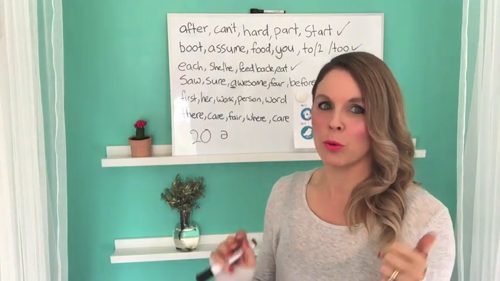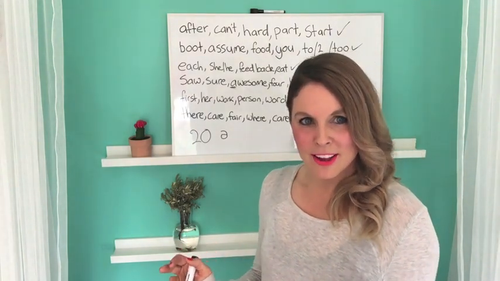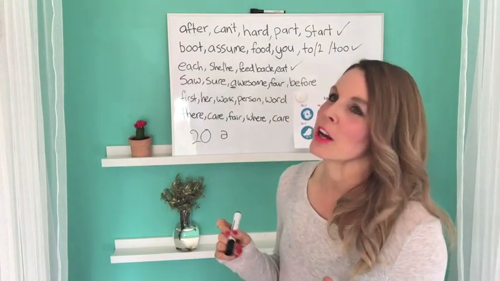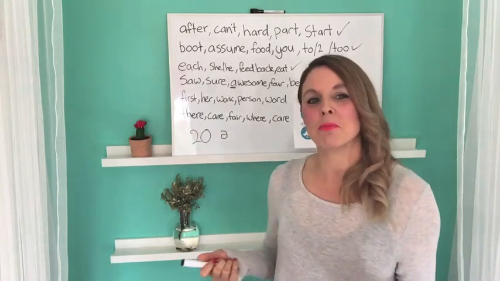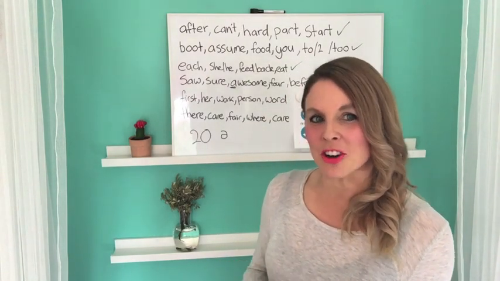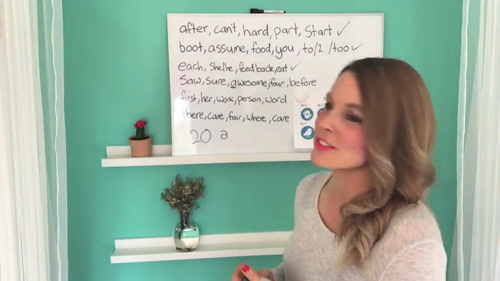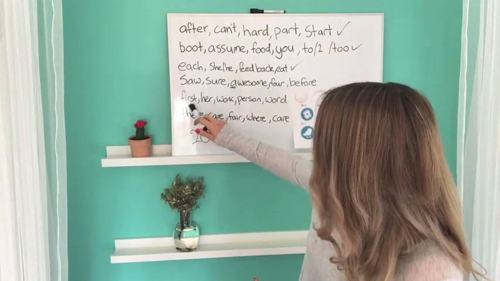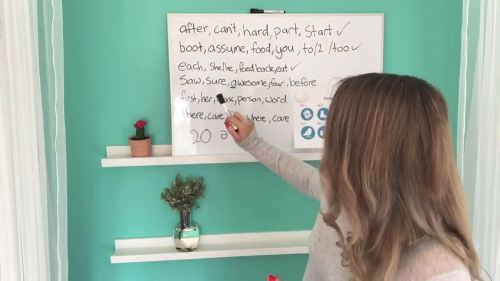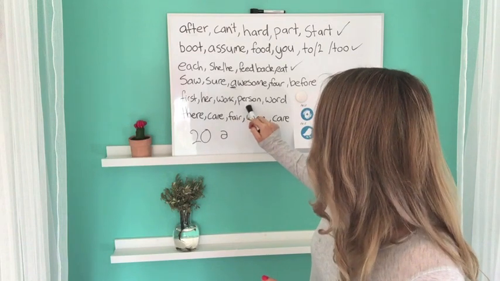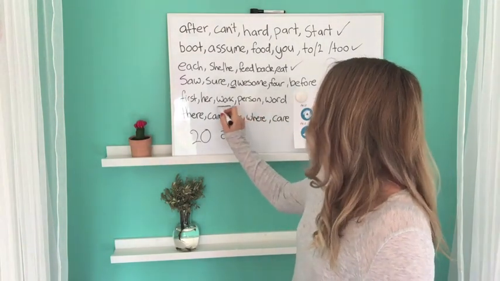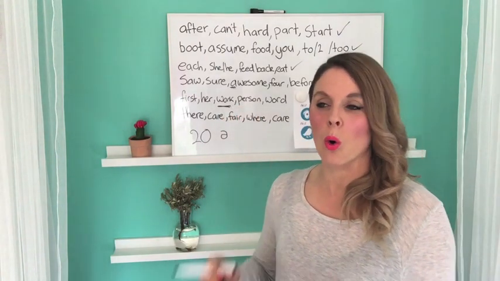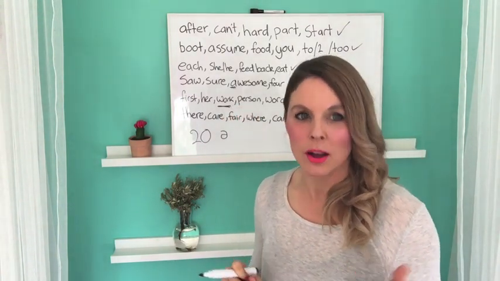If you're finding that tricky to coordinate, don't worry, because you're not the only one. Having your tongue up and lips forward, your brain doesn't seem to want to do that, especially if it's very unfamiliar to you from your first language. But just keep working on it, because even people I've worked with who really struggle with this vowel sound have eventually got it. So: first, her, work, person, word. That word work, I hear people say it wrong all the time. They go wuck, wuck.